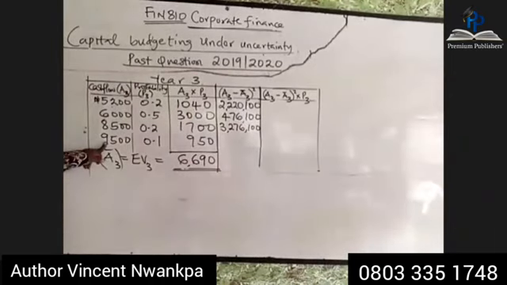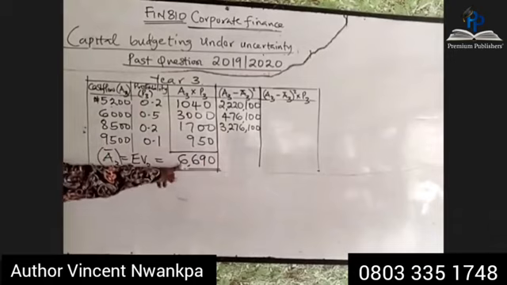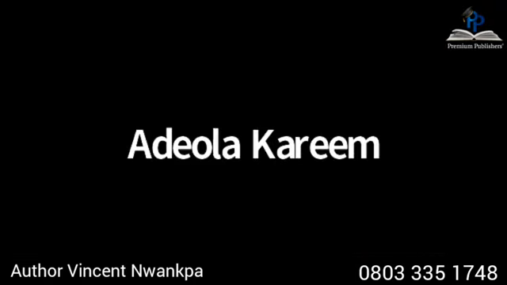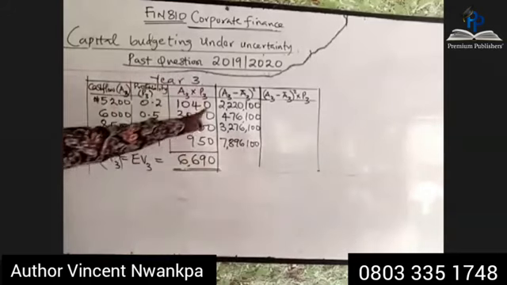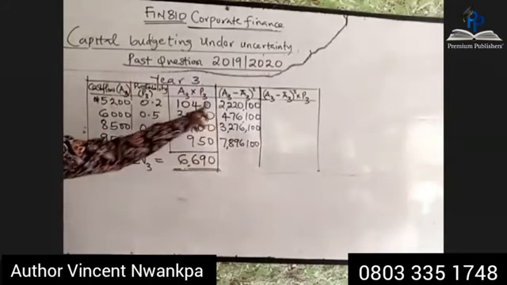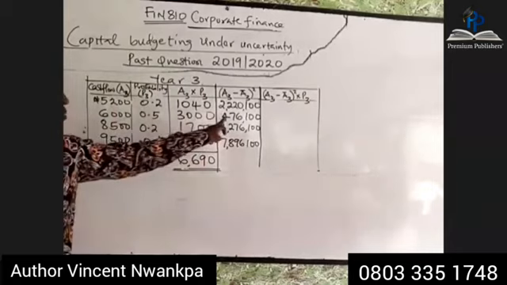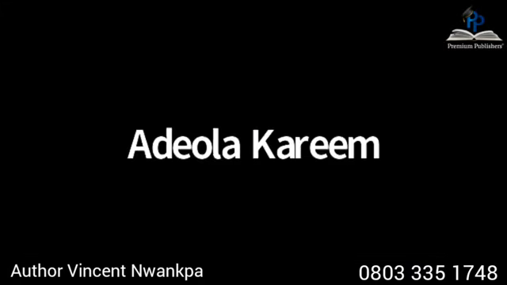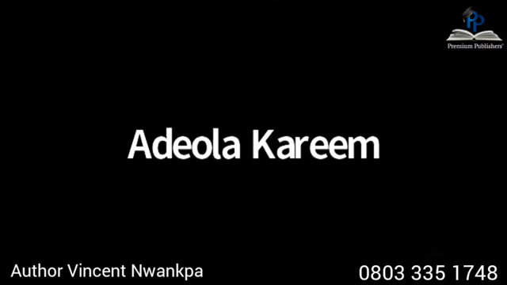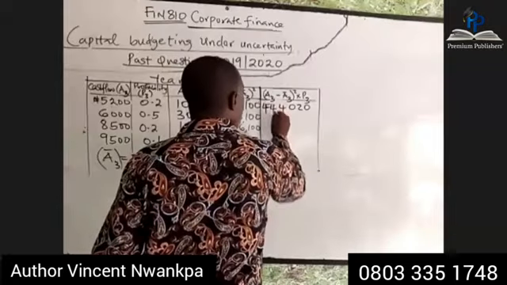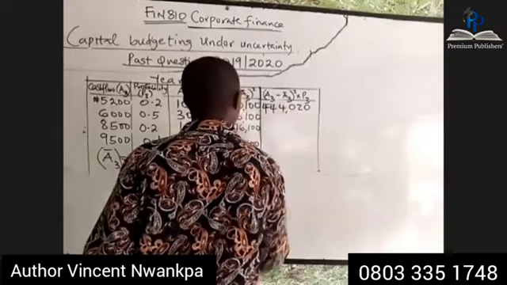Finally, 9,500 minus 6,690 raised to power 2, gives 7,896,100. As usual, 2,220,100 times 0.2 gives 444,020.